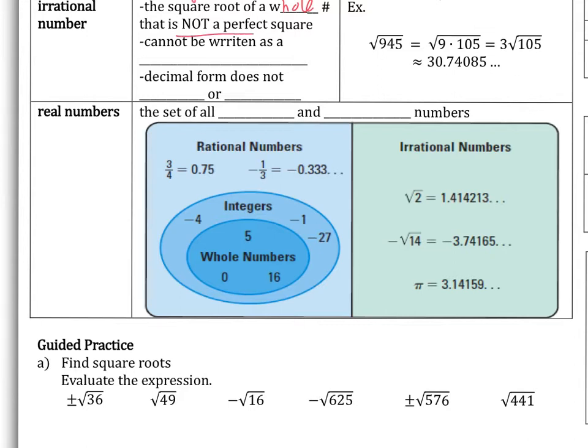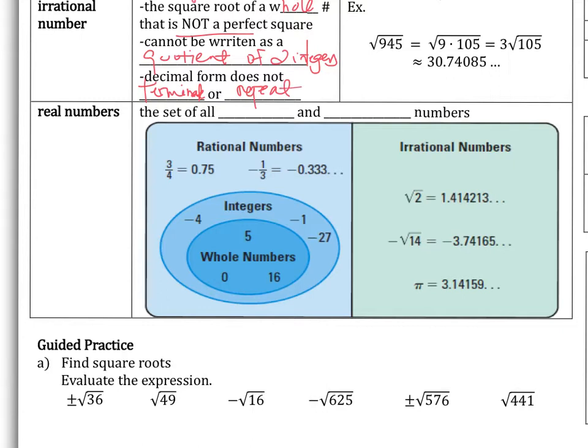It cannot be written as a quotient of two integers, and the decimal form does not terminate nor does it repeat.